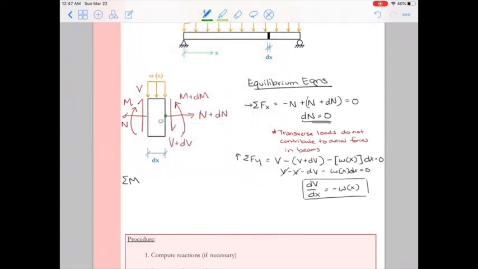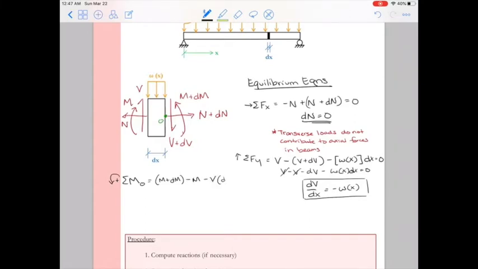I'm going to do the same. My third equilibrium equation is to sum moments, and I need to pick a point, so I'm going to pick point O in this case. Summing my moments about point O gives me M plus dM minus M on the other side. Let's see, my axial force and shear cancel out except for my shear on the left-hand side.